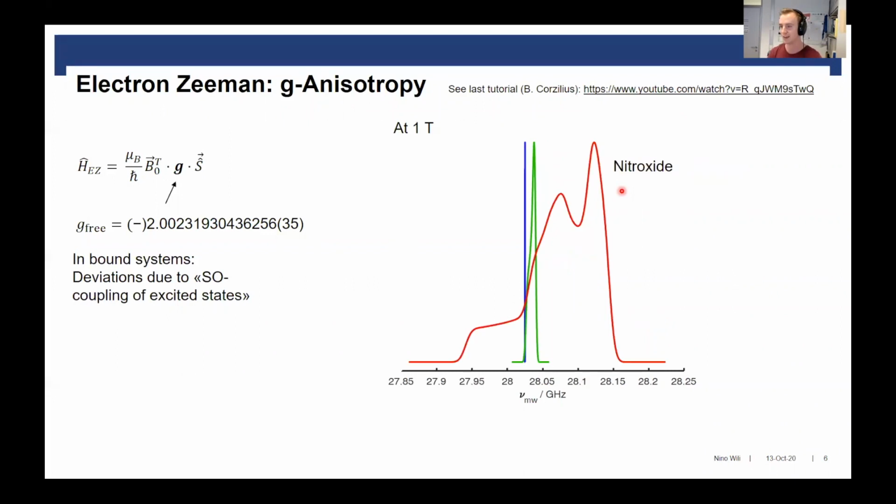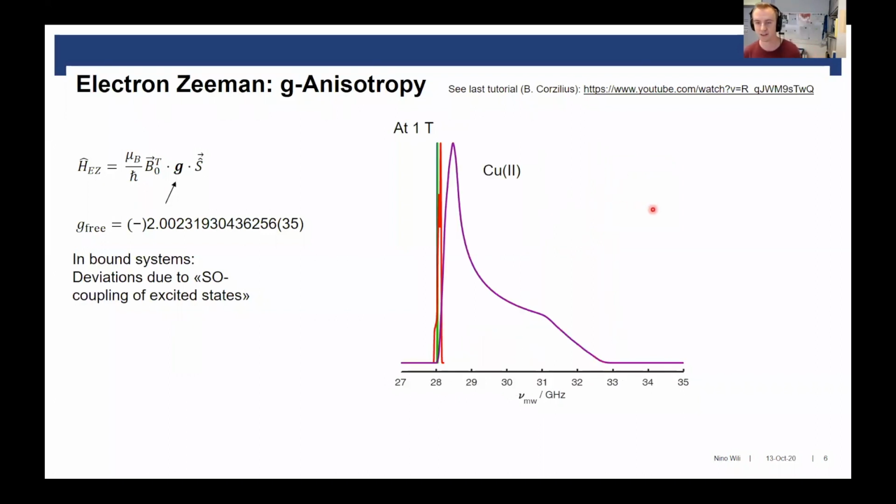If you're looking at nitroxide radicals, which are quite often used, this would be the width in the frequency domain. I mean, we usually don't measure it like this, but it's just here for illustration. If you go to a copper(II) system, a typical one, this is how it would look. So here you're more in the percent range than in ppm.